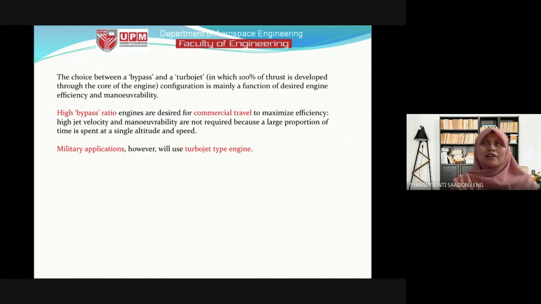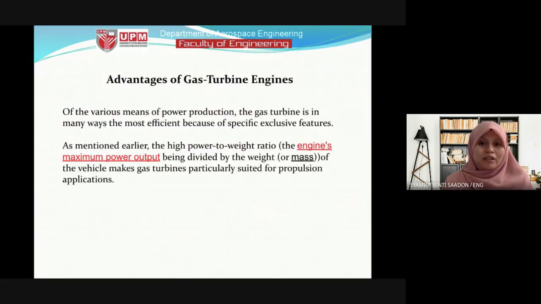It doesn't mean that for a commercial aircraft engine we don't want high speed, or that for a military aircraft engine we don't want to maximize efficiency. It's just what criteria we want to focus more on, to optimize more.